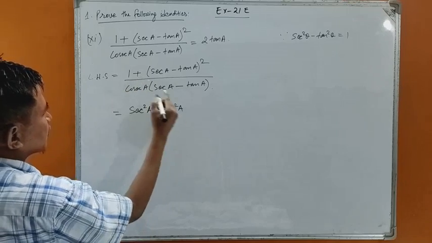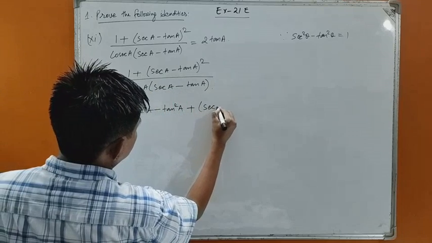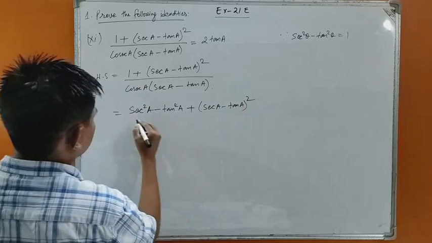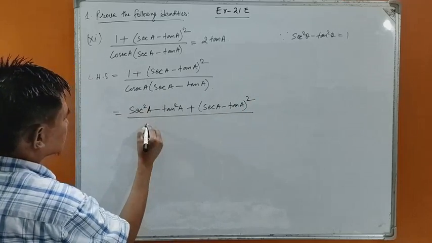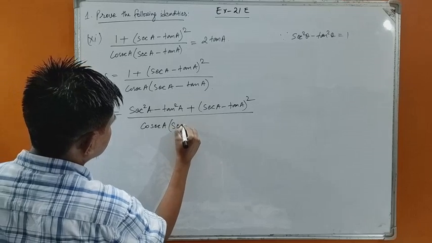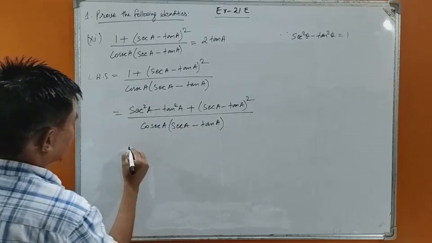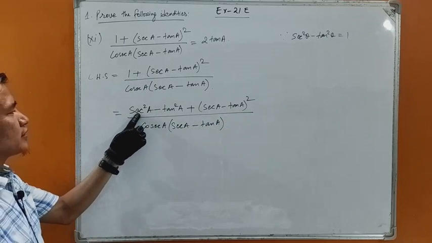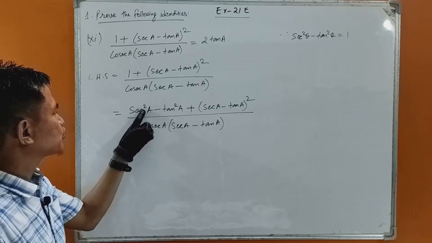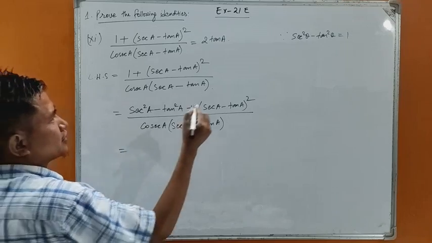This plus comes here now, and (sec A minus tan A) whole square. In the denominator we copy as it is, cosec A into (sec A minus tan A). Now let us assume this sec A as A and tan A as B. So A square minus B square can be written as A plus B into A minus B, isn't it?